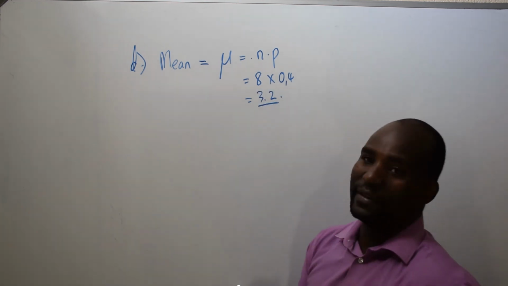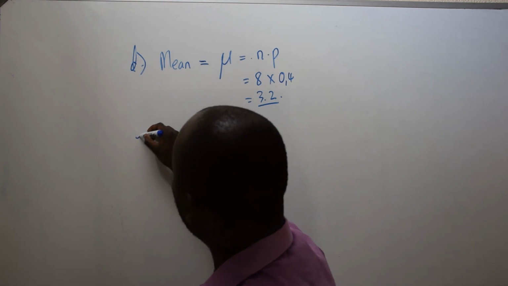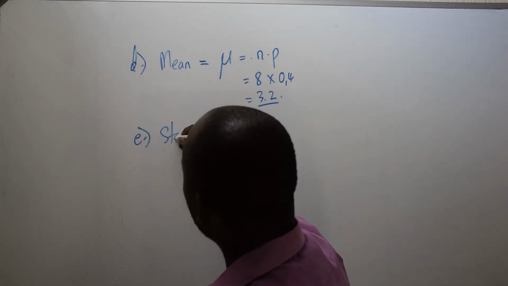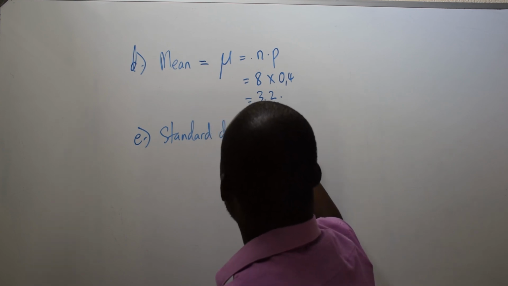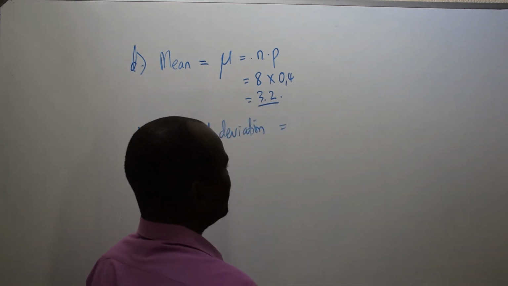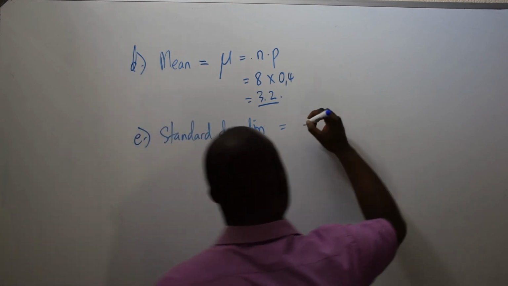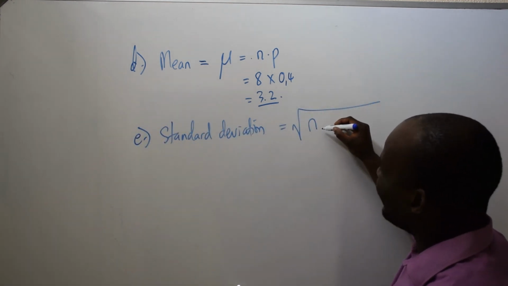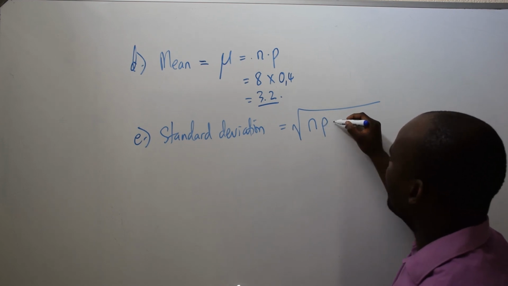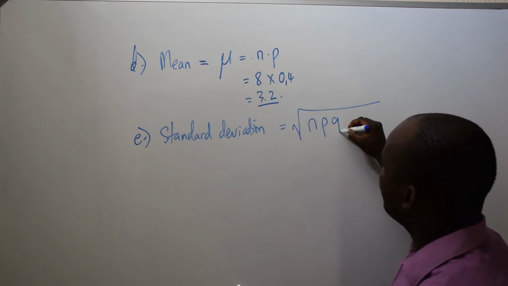That is our average. And then E, it said calculate the standard deviation. The standard deviation is equal to the square root of n multiplied by p multiplied by q.